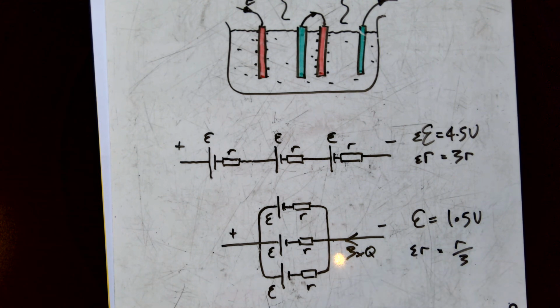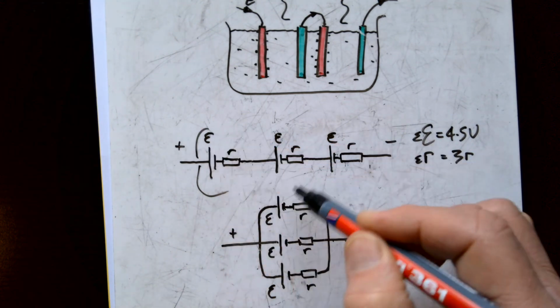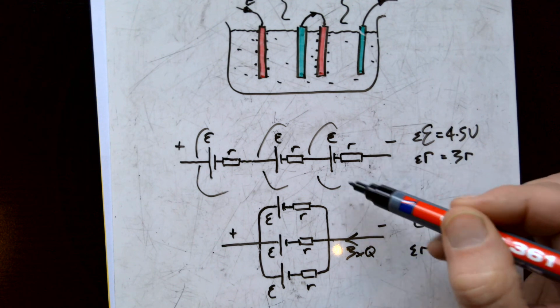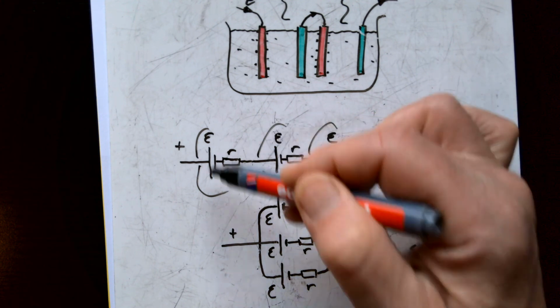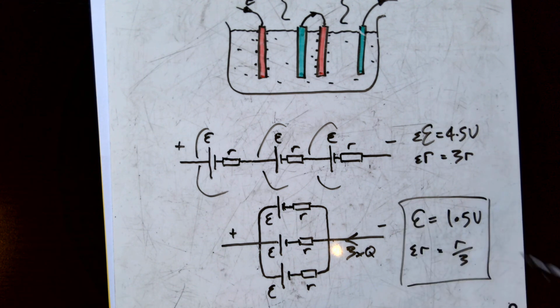We can deliver that energy faster. But if you need a big enough voltage, well, then maybe we have a bit of series and a bit of parallel. So maybe in series we'll have packs of 3 or 5 in parallel. So you can have clumps, and that will build up your voltage, but in the end you've got to have the parallel bit to make it work more powerfully.